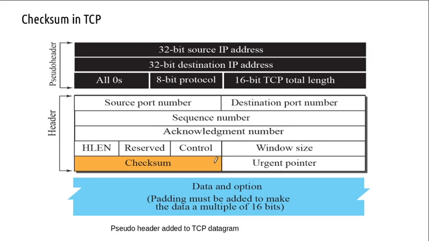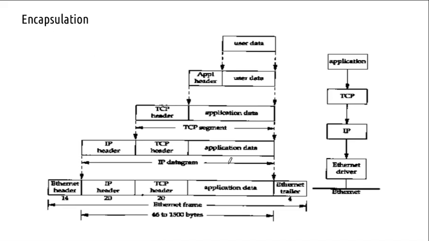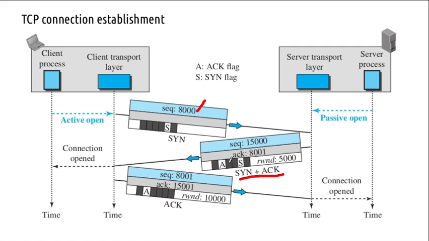So the receive window has to be set. Receive window size is mentioned as 5000 bytes. This is mentioned by the server to the client to indicate that I can receive these many bytes at a time.